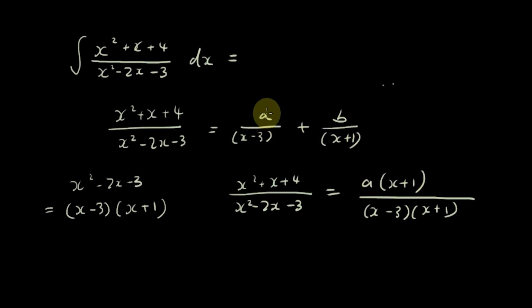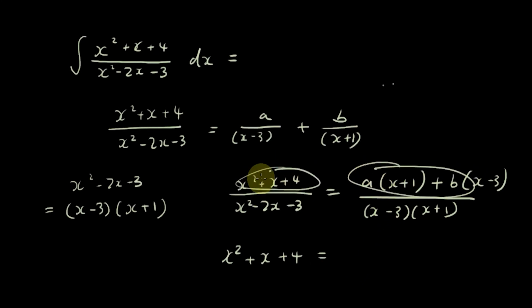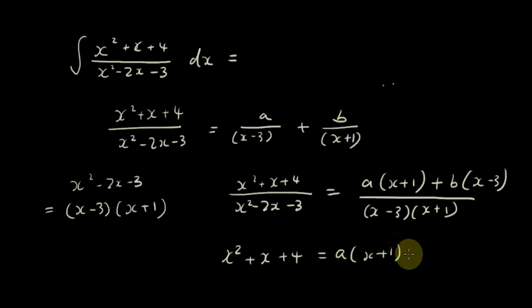So I have the top times the bottom on one side plus the top times the bottom on the other side. Okay, so I do that. So the bottom is equal, but then if I try to make the top equal, if you look at the top of both fractions, I have A(x plus 1) plus B(x minus 3).